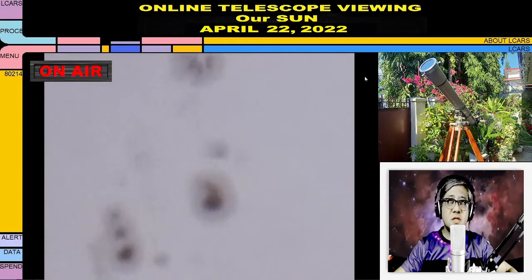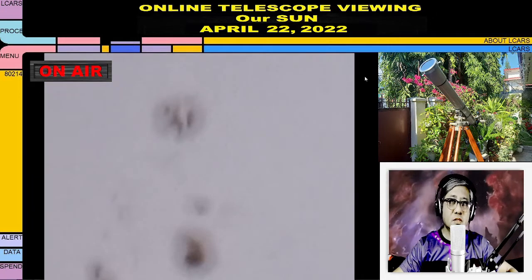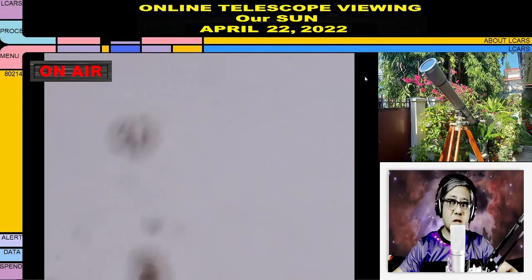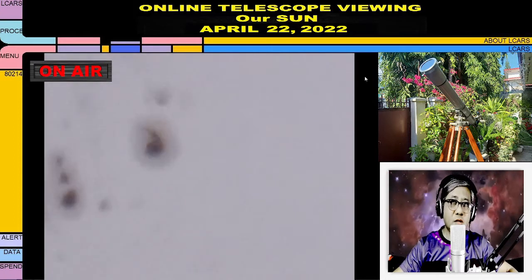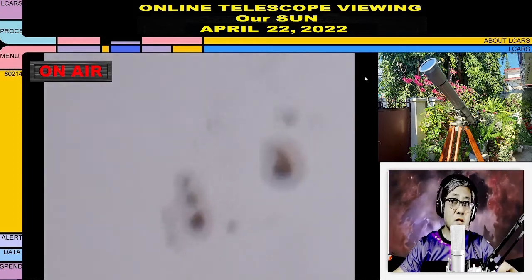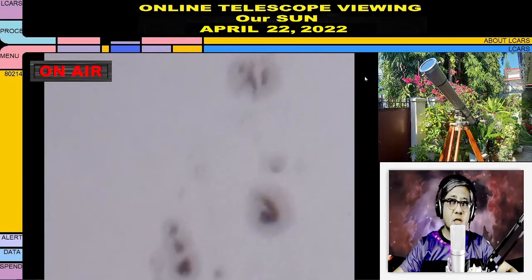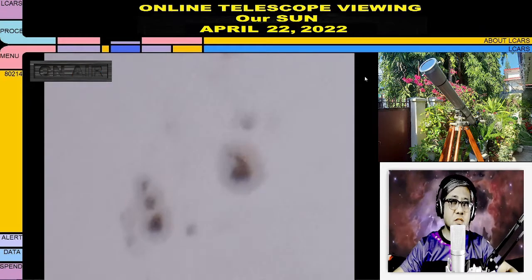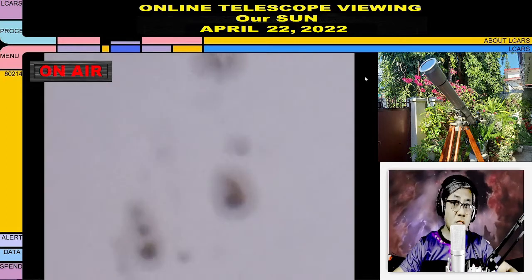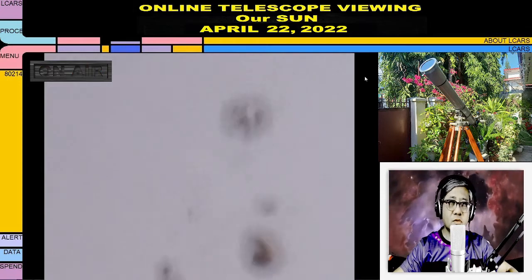So here is now the magnified image of the sun with those sunspots. Ayan o, diba nakakamangha po mga ka-spacers. And napakalinaw po ng ating camera and kitang-kita po yung central darker region. That central dark region is known as the umbra and kitang-kita po yung lighter outer section called the penumbra.